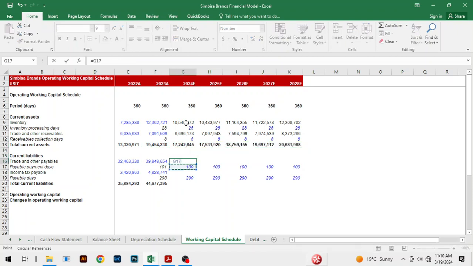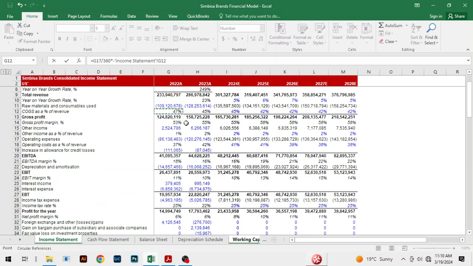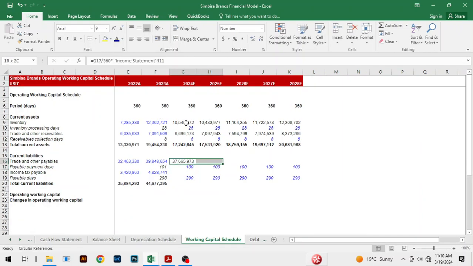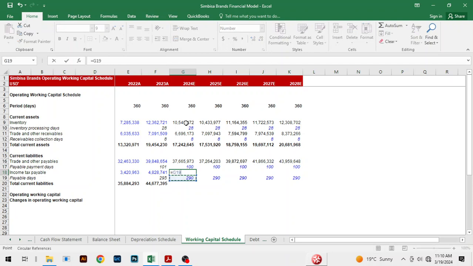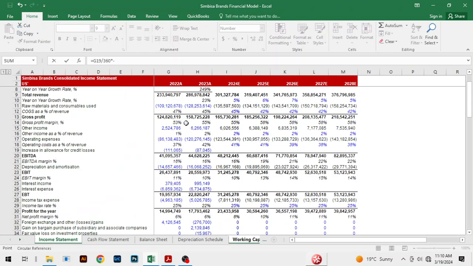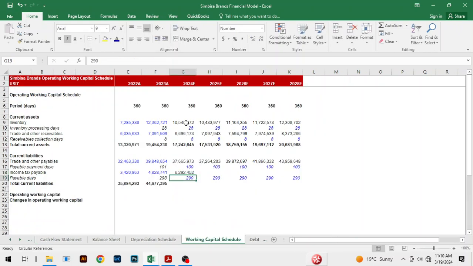We do the same here, divided by 360 multiplied by negative cost of sales for 2024, and then we copy that to the right. And then we do the same here, divided by 360 multiplied by negative tax for 2024.